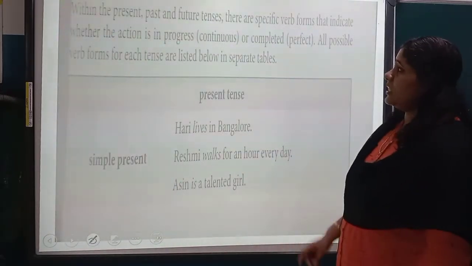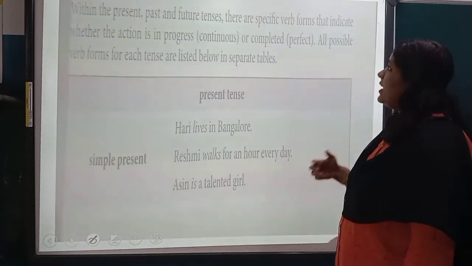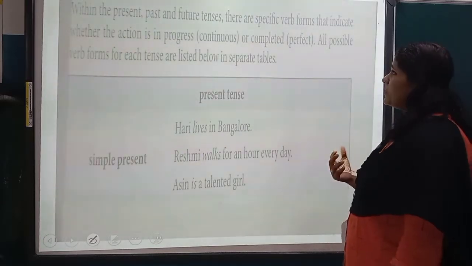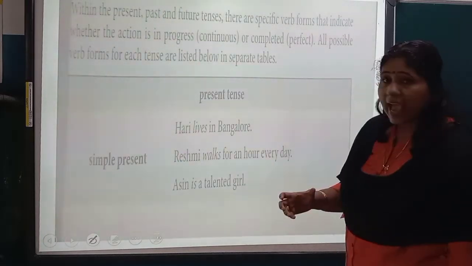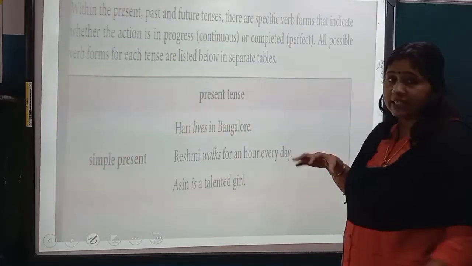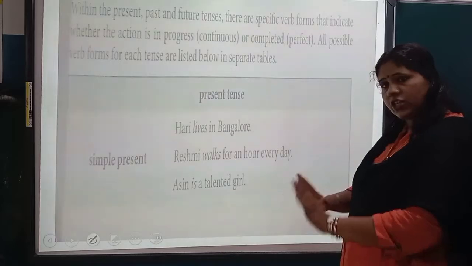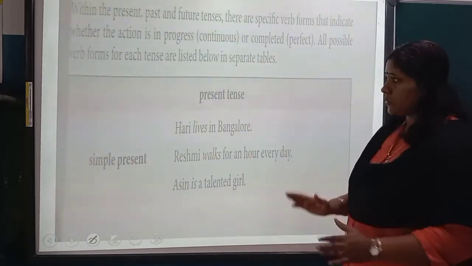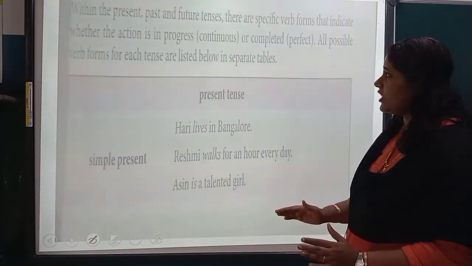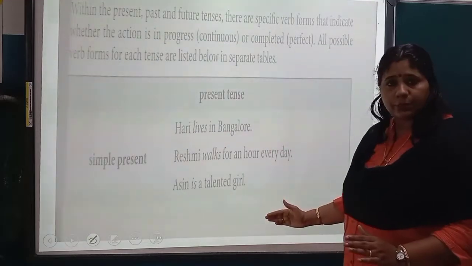Within the present, past and future tenses, there are specific verb forms that indicate whether the action is in progress, that is in continuation, or completed. It's already complete, that action is completed. All possible verb forms for each tense are listed below in separate tables.